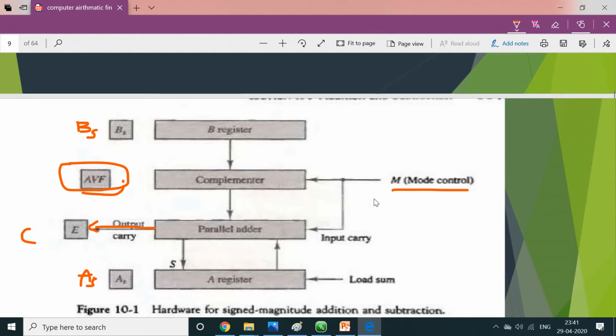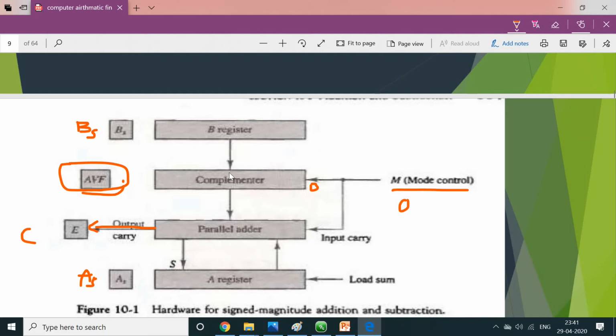Next, let us see a small operation with the help of this mode control. If it is the 0 case, mode bit equal to 0, the complementer receives that 0 and acts as a buffer. The complete B register value, whatever the register holds, this total binary value is transferred to the complementer. A buffer is a temporary storage device.